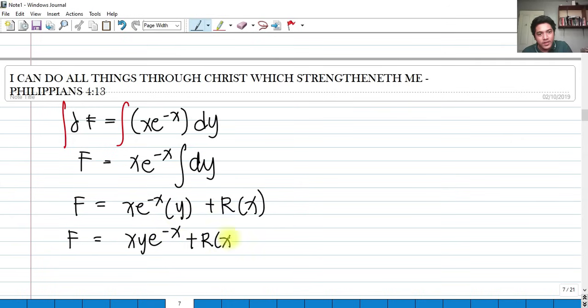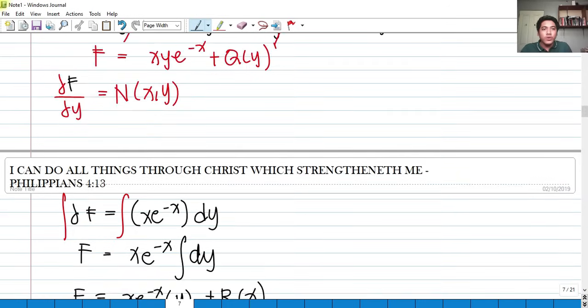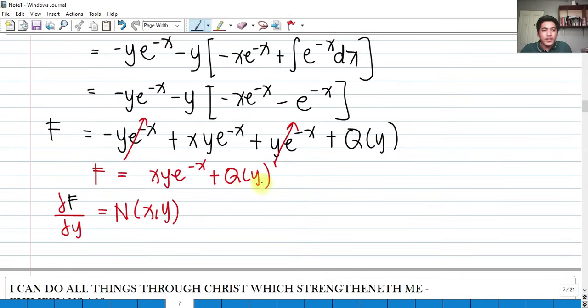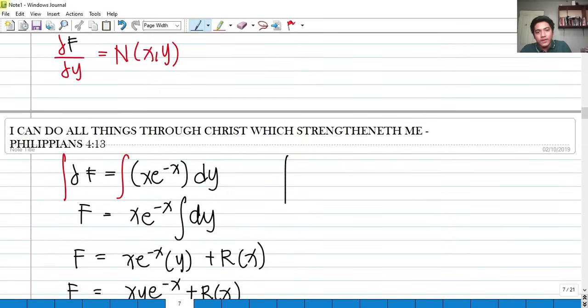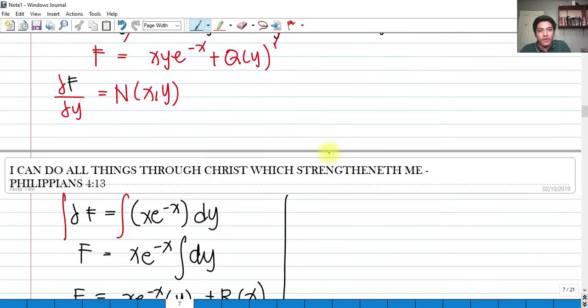plus r of x. And if you're going to equate the two f's here, this f and this f, we can get the values of q of y and r of x and get the solution to our exact DE. So what will happen?